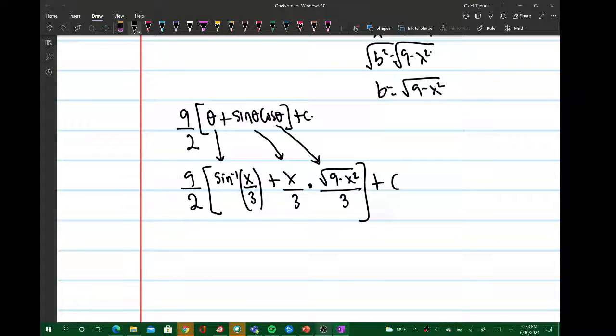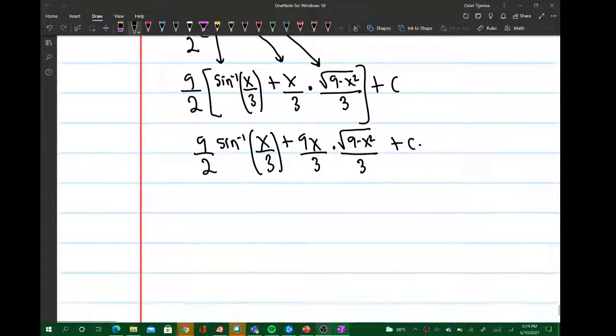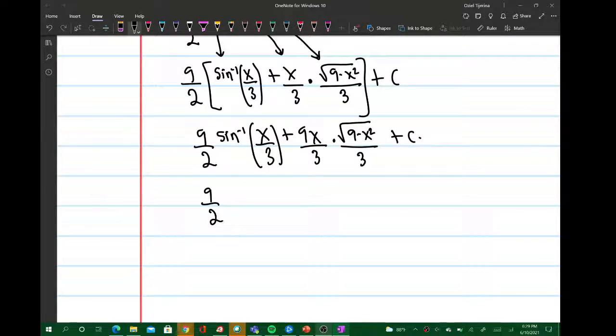Now, you're going to go ahead and just do 9 halves sine inverse of x over 3 plus 9x over 3 times the square root of 9 minus x squared over 3, and then plus c. And we're going to simplify it a little bit more, so we have 9 halves sine inverse of x over 3, and then we have 9x square root of 9 minus x squared over 9 plus c.